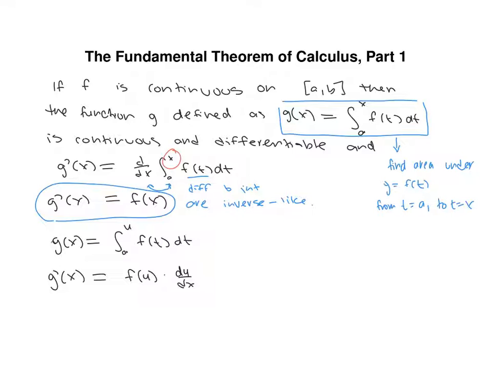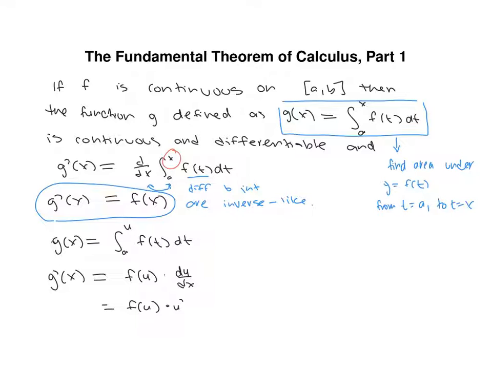What rule is that trying to show you? This is the chain rule. Or they would say this is f of u times u prime. And if u happens to be x, then u prime is 1. So that's the first part of the fundamental theorem.